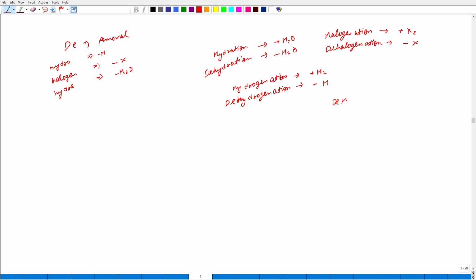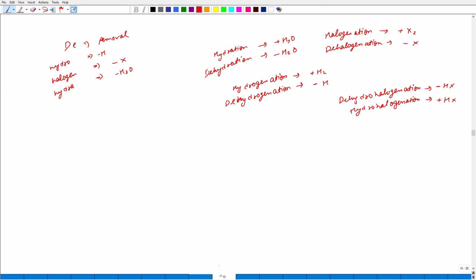There can be a dehydrohalogenation reaction, that means removal of hydrogen and halide. There can be hydrohalogenation, meaning the addition of HX. So, we have to see this in terms of naming. Do not cram the names, just see how the naming makes sense. Whatever D is, it is just for the word removal. Okay. So, these are the procedures we have discussed for how to synthesize the alkenes.